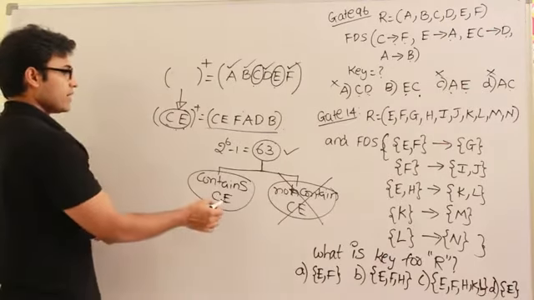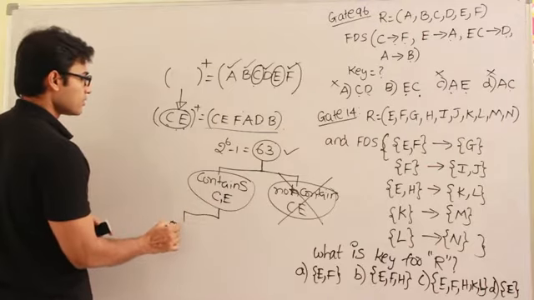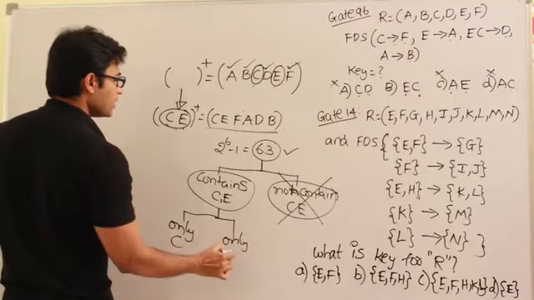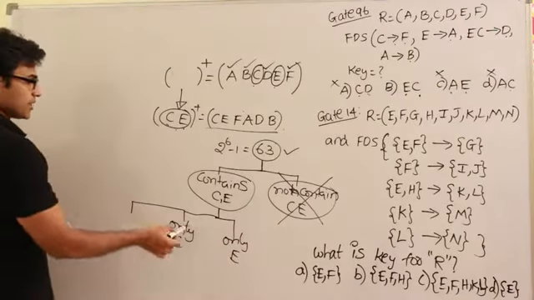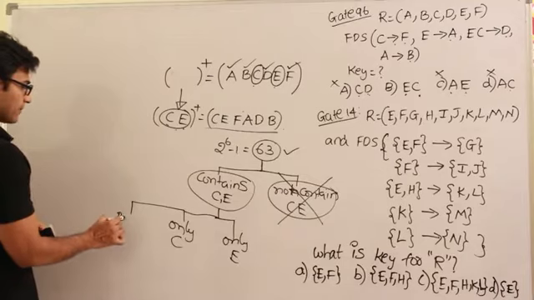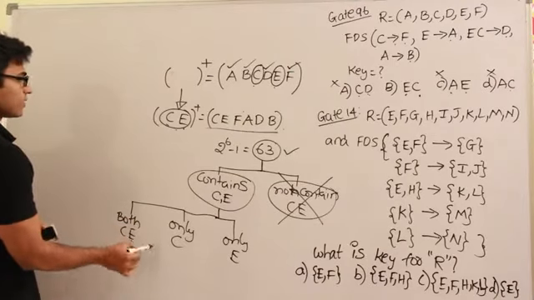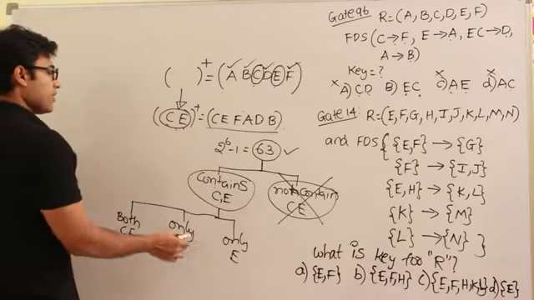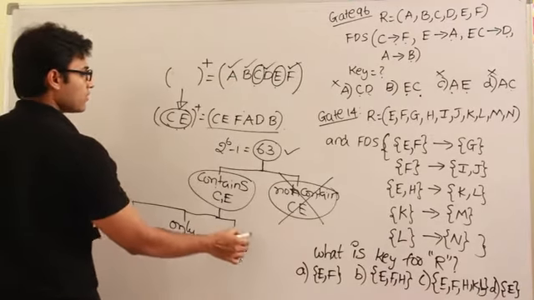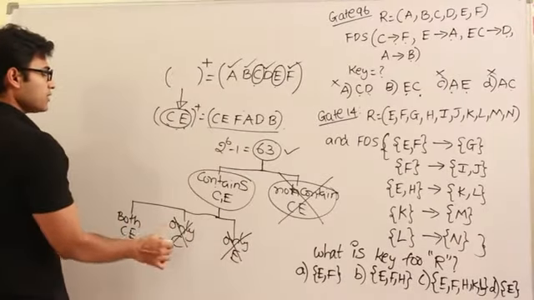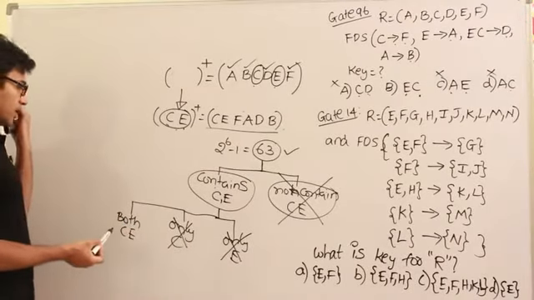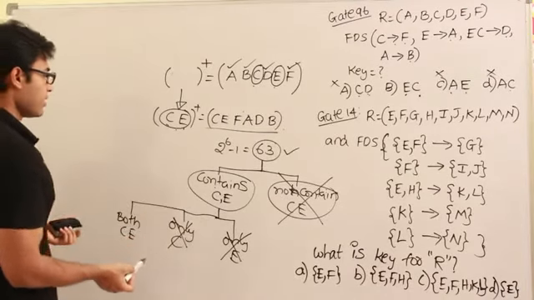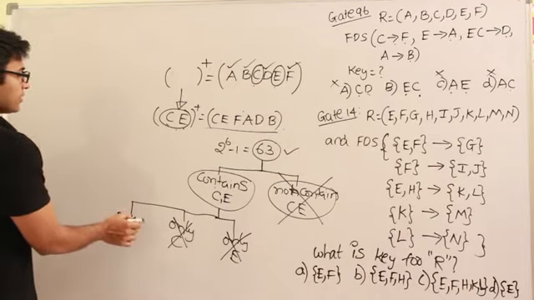If they contain only C or only E, or neither, they are not eligible to be a candidate key, or any key in that manner.